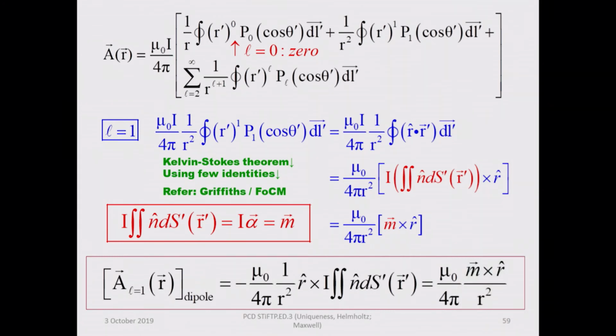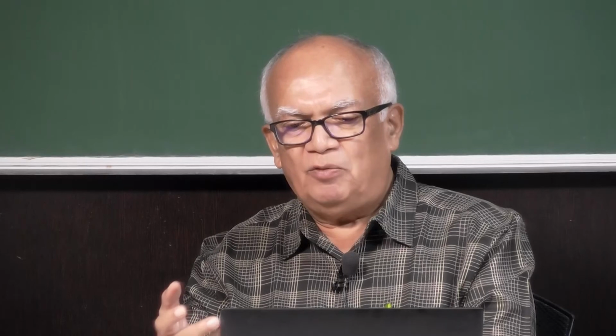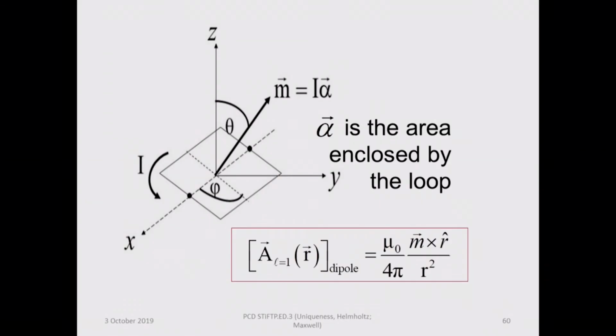So, you have got the dipole term, and notice that it has got a structure which is current times a surface area, and you can represent this as a magnetic moment. This is what you will call a magnetic dipole moment, okay. And this is current times area.